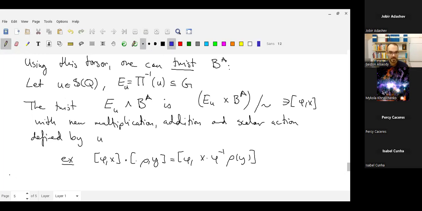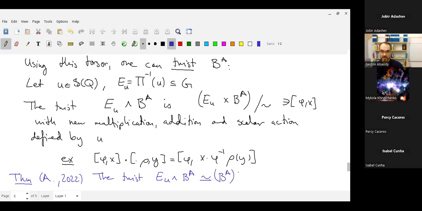Now, the result here is that this complicated twist E_U BA is isomorphic to the principal isotope of BA with respect to U tilde.